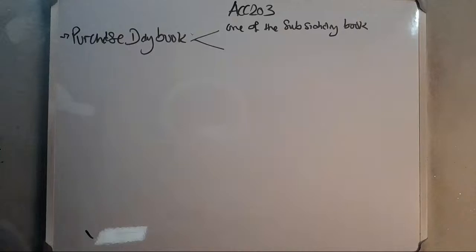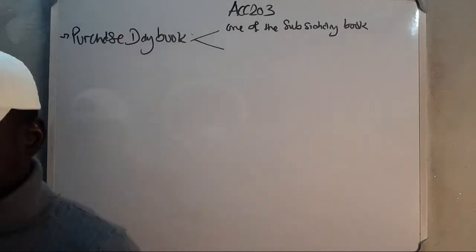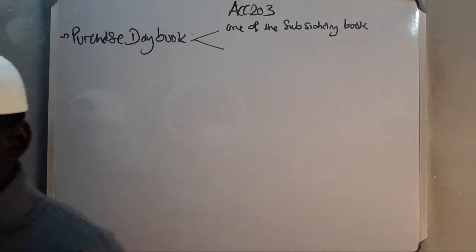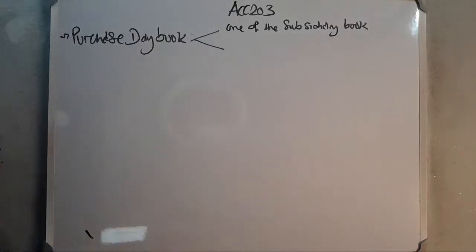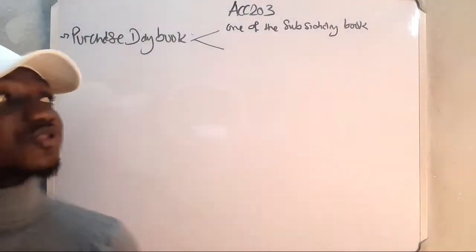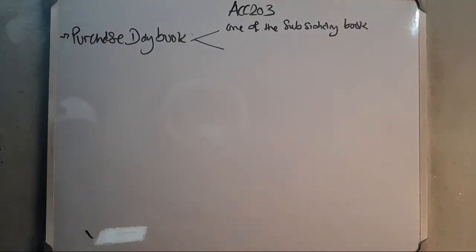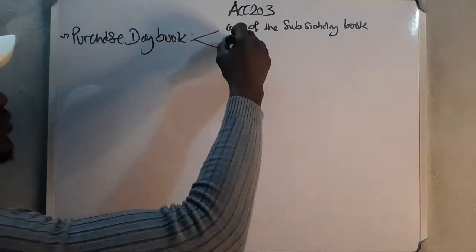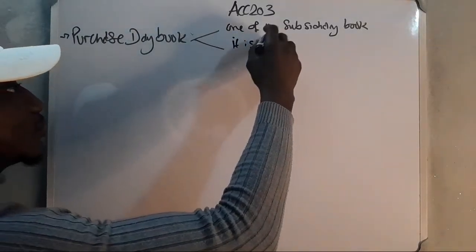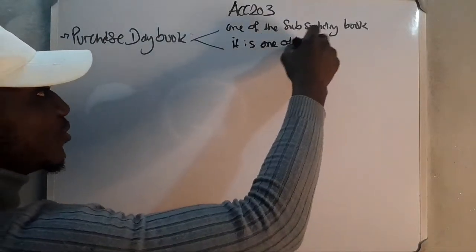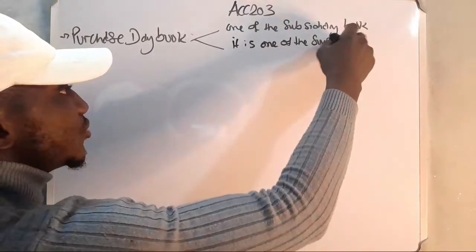is exchanged between the buyer and the seller, which are binding on both parties. Now, the purchase Daybook happens to be one of the subsidiary books, and it also happens to be one of the source documents.